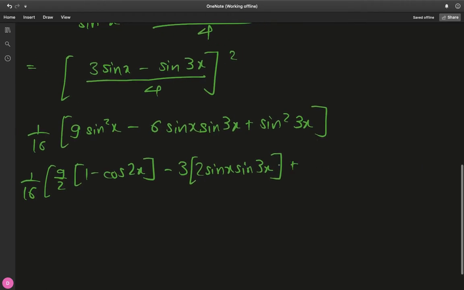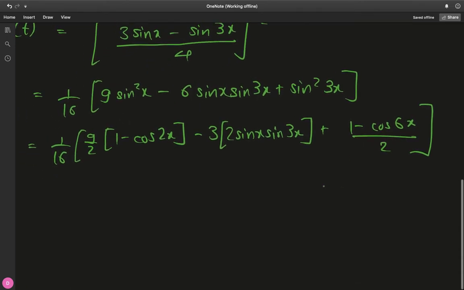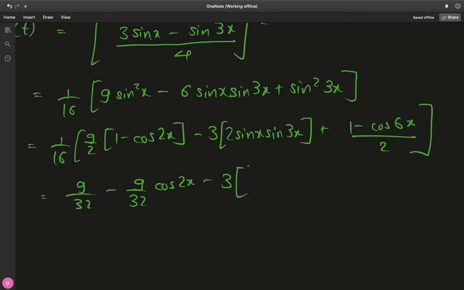And again the same identity of the double angle formula of cosine. So here we have (1 minus cosine of 2 times 3, which is 6x) over 2. So this is going to just be 9 over 32 minus 9 over 32 times cosine of 2x minus 3 times, we can use the product to sum formula to give us cosine of x minus 3x, which is negative 2x, but it doesn't matter if we have a negative, the cosine is an even function.